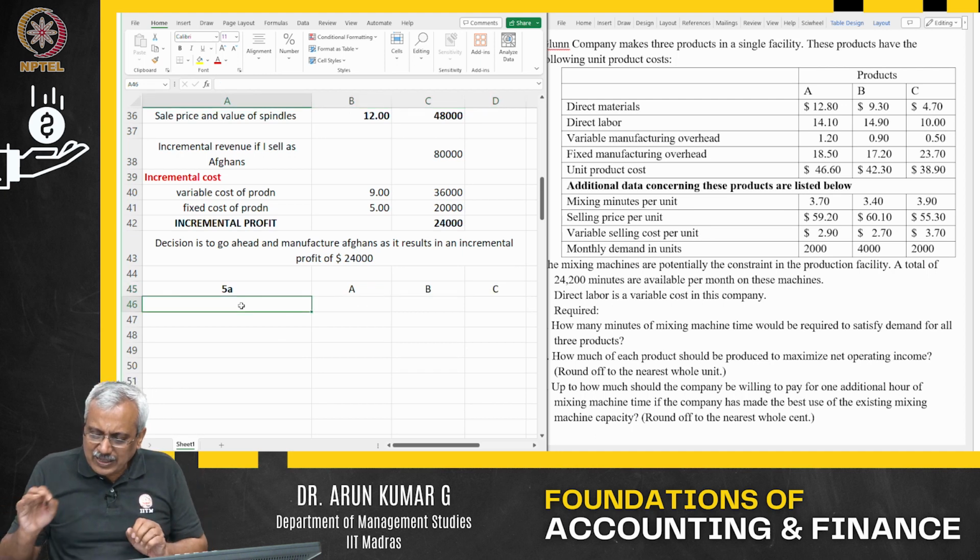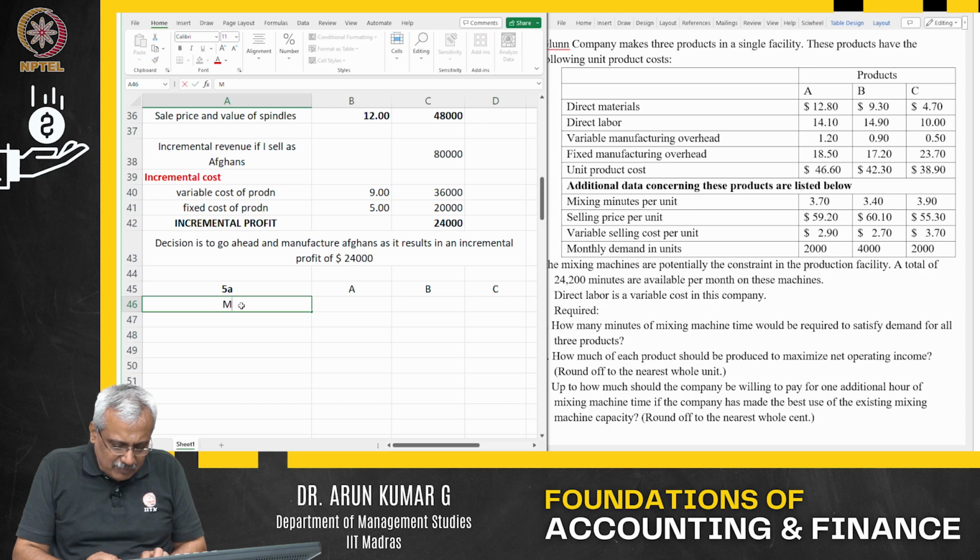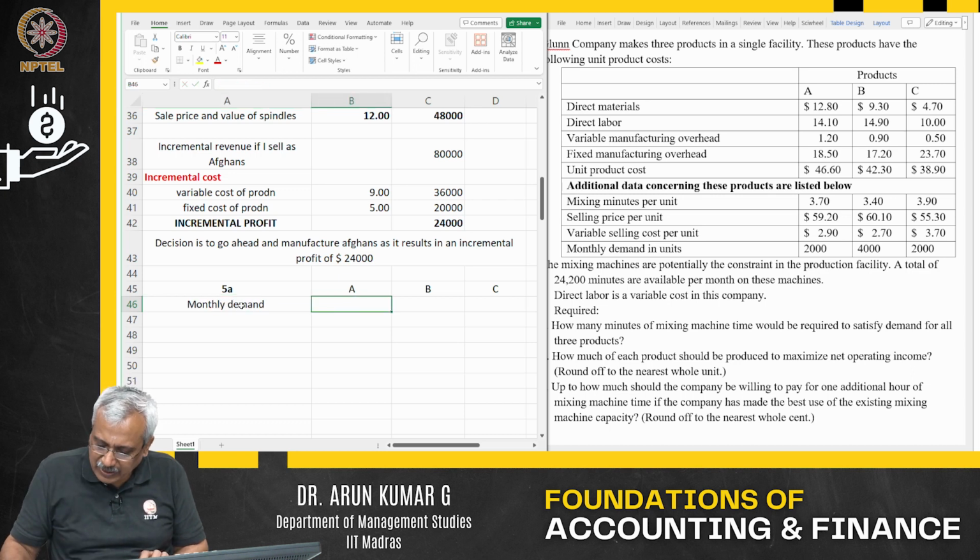Let us look at what is the cost, what is the demand. They say monthly demand. First question, what is the number of mixing minutes required? Monthly demand here is 2000 units, in this case about 4000 units, and in this case about 2000 units.